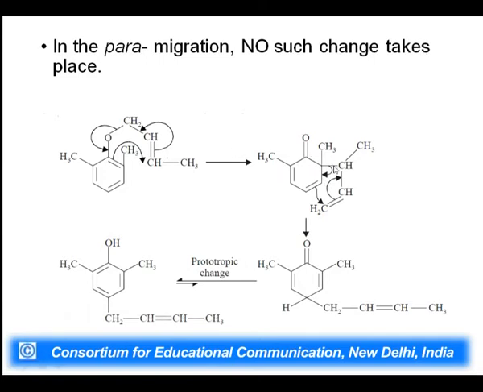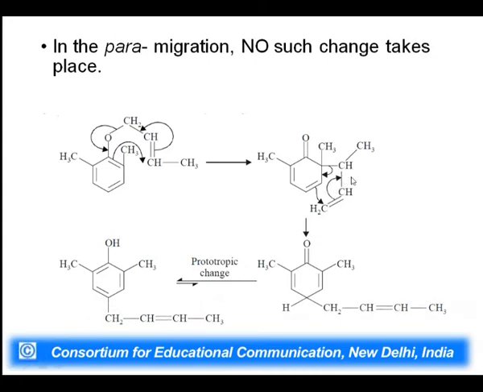So the first inversion has taken place, that is, the alpha carbon has become the gamma carbon. But this is the first inversion, please keep this in mind, and we do not have a hydrogen here, so this cannot go back to the enolic form. We know that the enolic form is more stable than the ketonic form, so the second inversion takes place here.